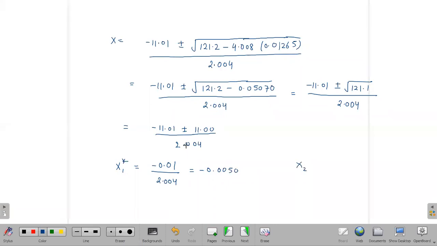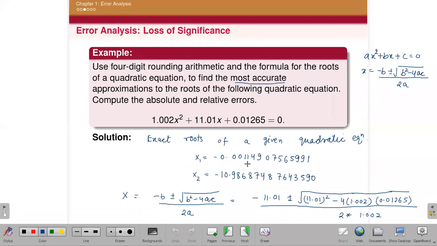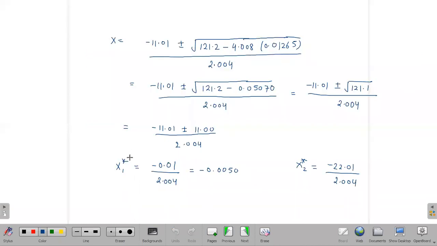And if I take the negative sign, it will give you x2 star. So it will be minus 22.01 divided by 2.004. By taking plus you will get x1 star, and by taking minus you get x2 star, which is similar to the exact expressions x1 and x2. So x2 star will give you minus 10.98.